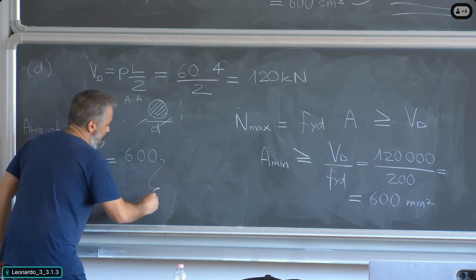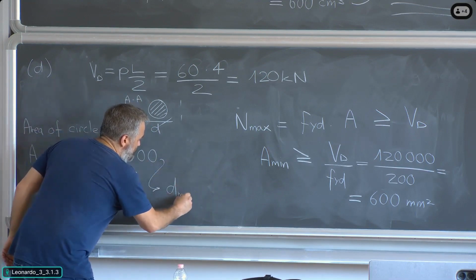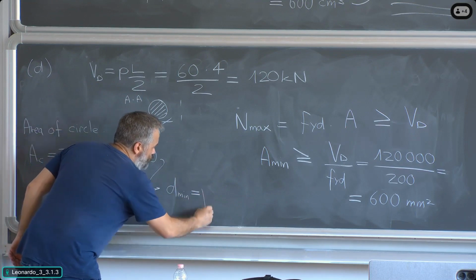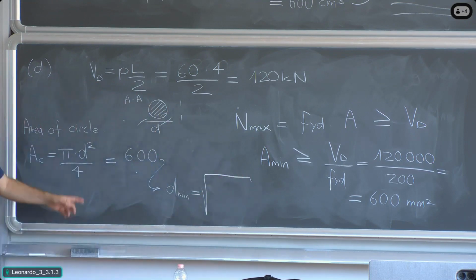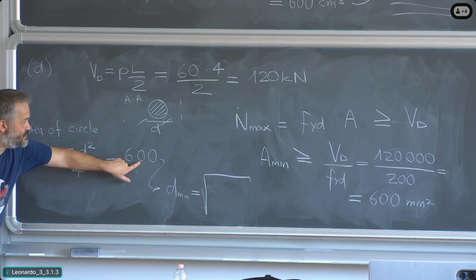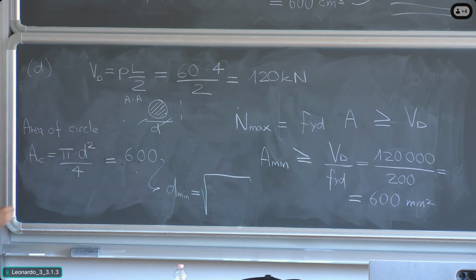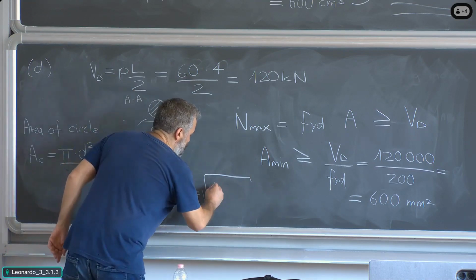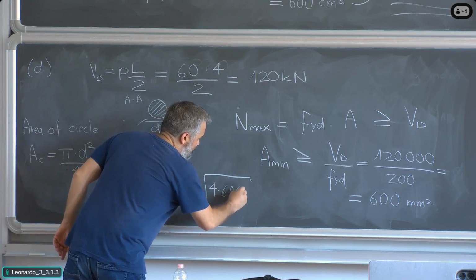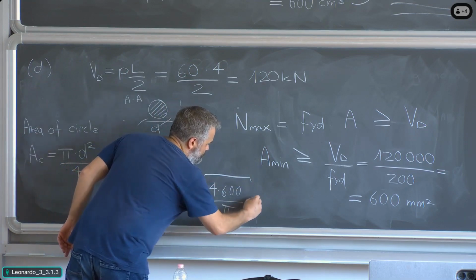It leads to d minimum is equal to square root of what? 4 times 600 divided by pi.